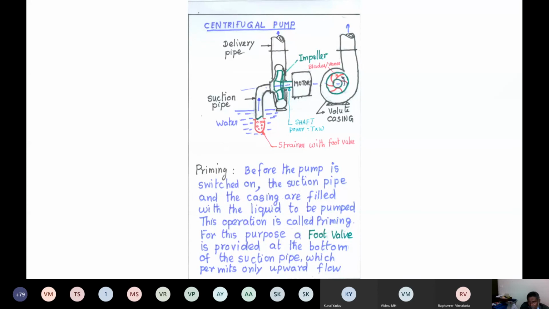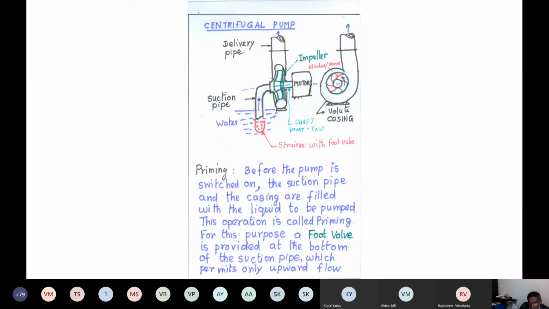So below that, if the water level falls by about 8 to 8.5 meters, the pump will not pump. So what could be the reason? Okay. So these are all suction limitations.